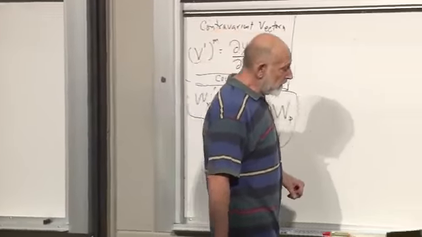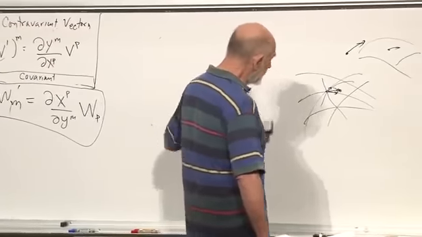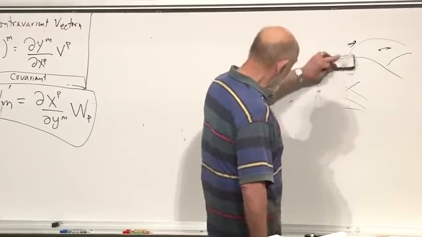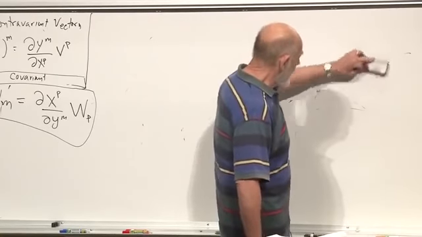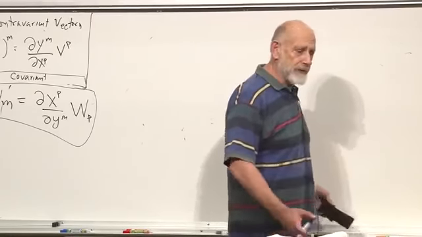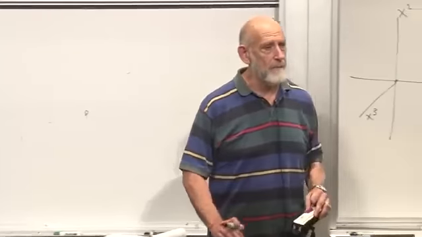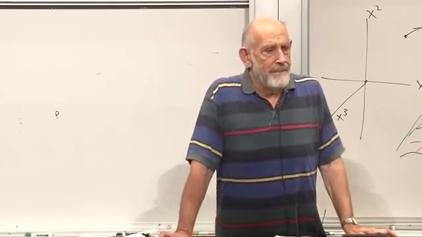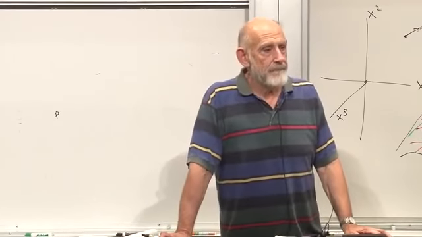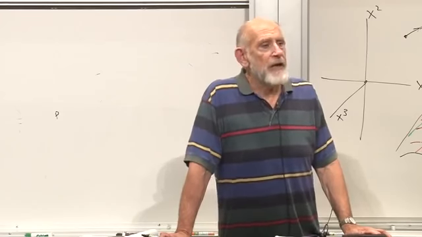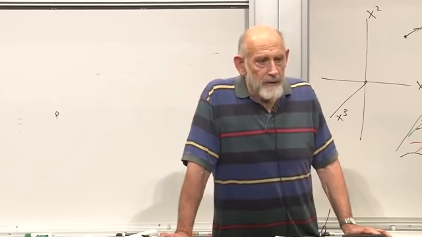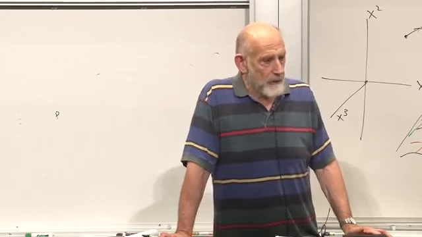Let's talk about tensors now, or more complicated kinds of objects. This is obviously complicated enough, but we have to go a little, yeah. What's the connection with the contravariant and covariant vectors? Nothing yet. They're two different kinds of objects.